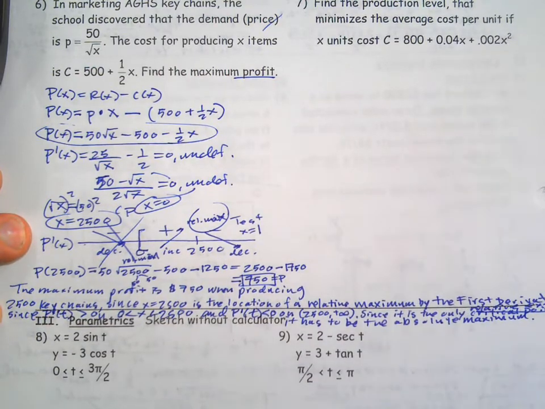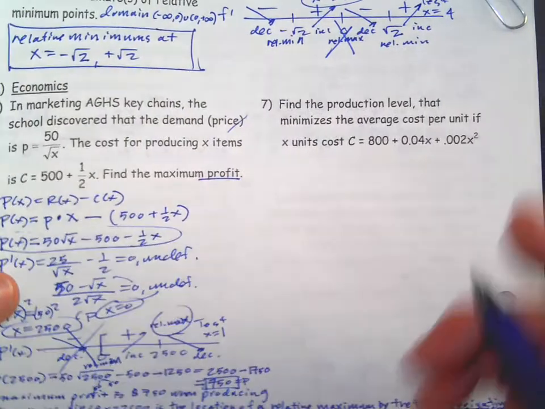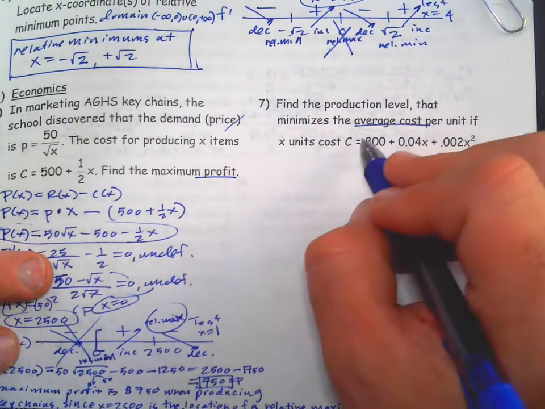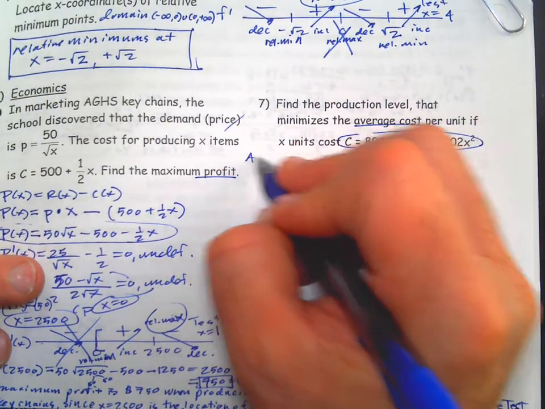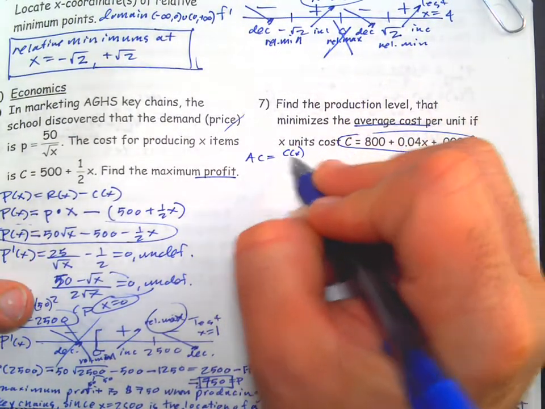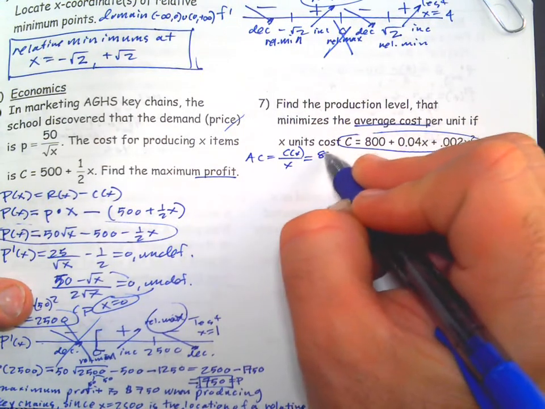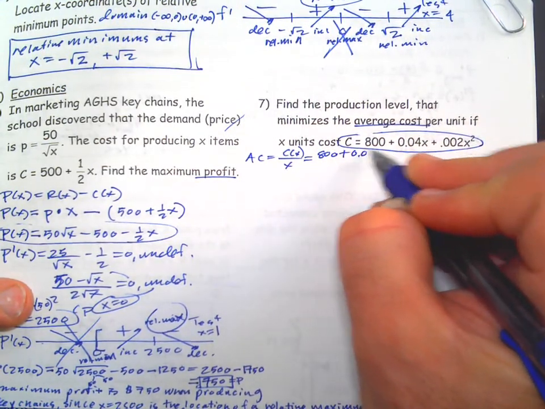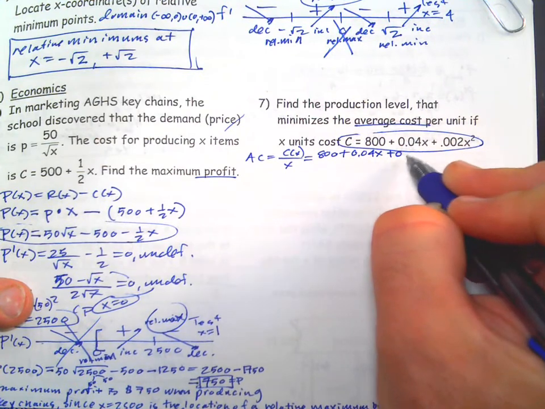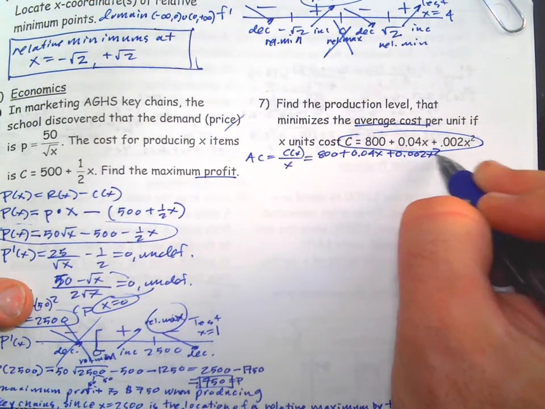Okay. Number 7, find the production level that minimizes the average cost per unit. So this is your cost. Average cost equals total cost over the number of units. So it's going to be 800 plus 0.04x plus 0.002x squared, and we're going to divide by x.